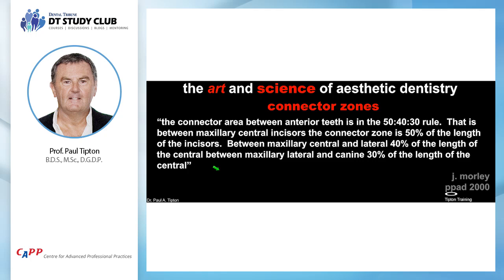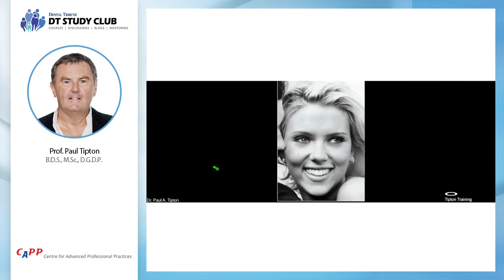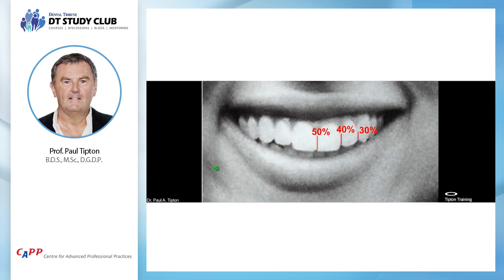The connector between 2 central incisors should be 50% of the length of the central incisor. So let's look at this picture. Scarlett Johansson, another very pretty actress, and we look very closely. And what do we see? The connector length between the 2 centrals is 50% of the length of a central.